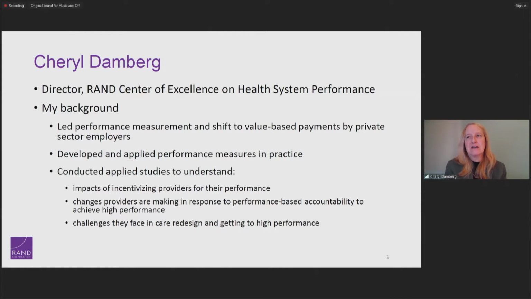More recently, I've been involved in a range of studies looking at trying to understand the impacts of use of measures and financially incentivizing providers for their performance.